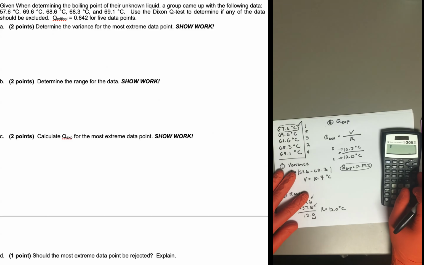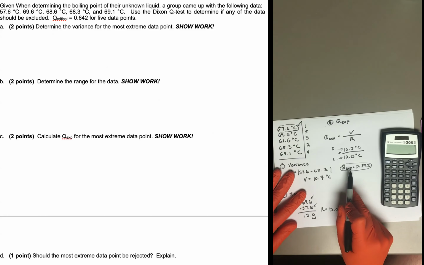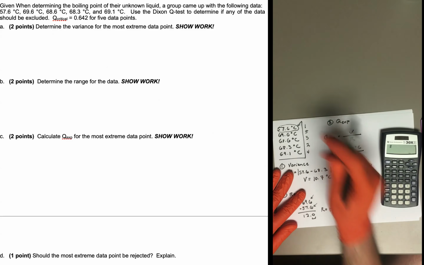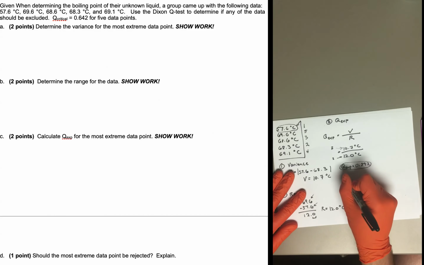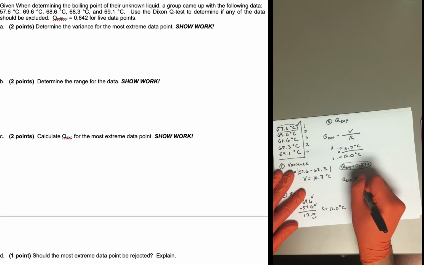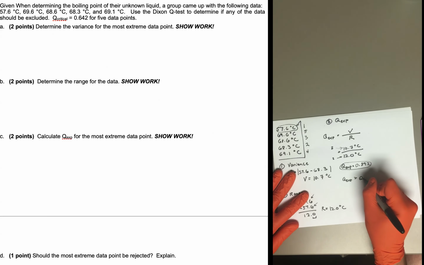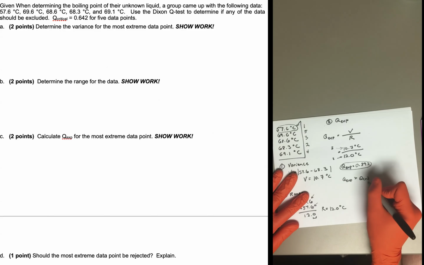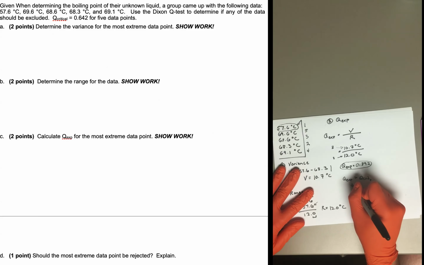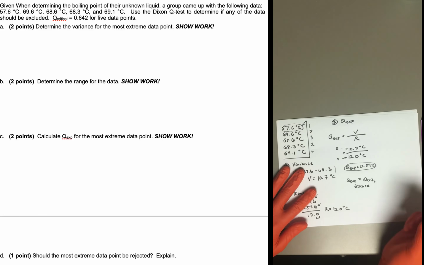Now the test to determine whether or not you can throw out this data point right here is if your Q experimental is greater than your critical Q, okay? If this is the case, then you discard the point, okay?